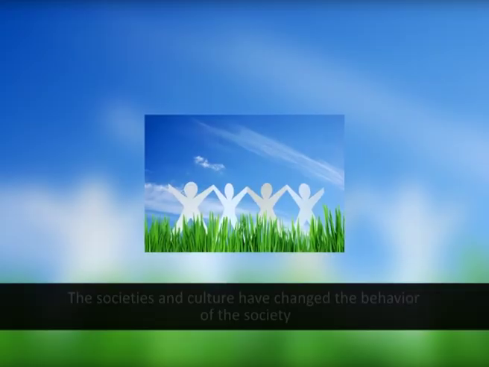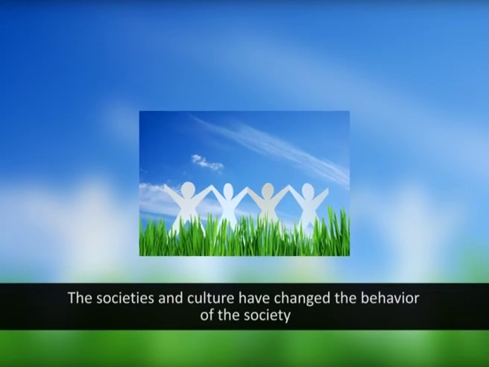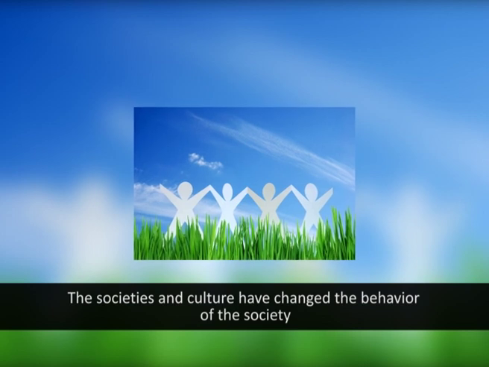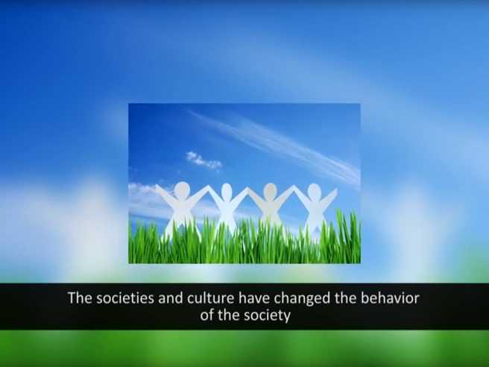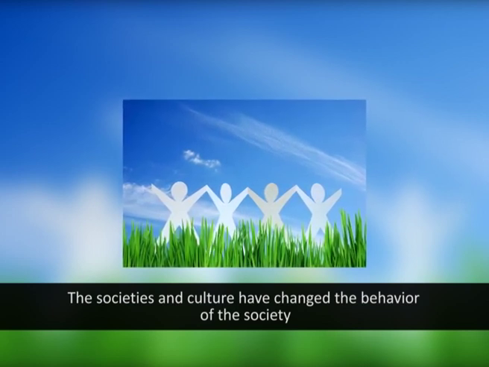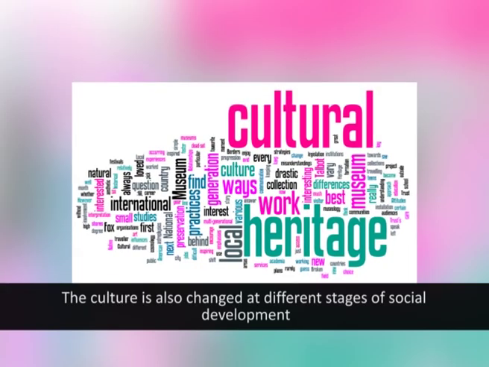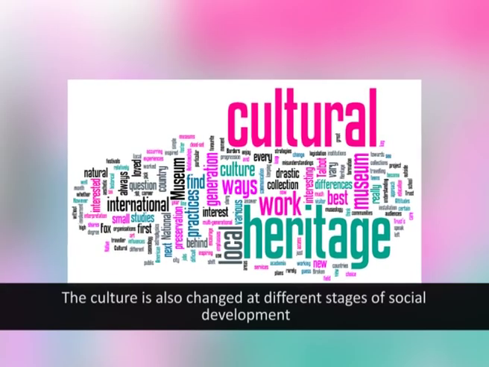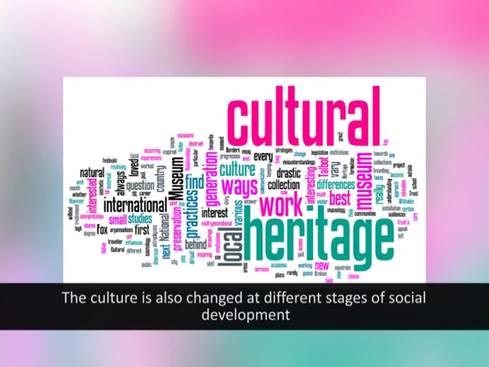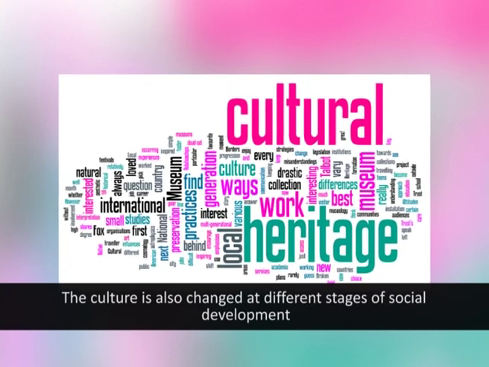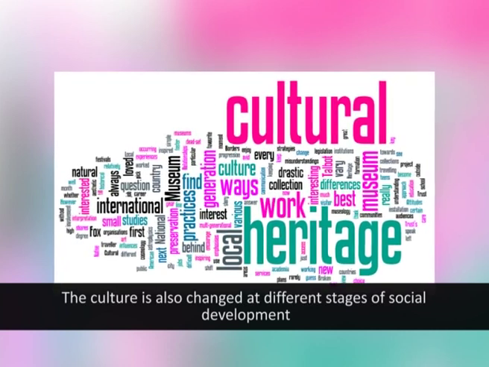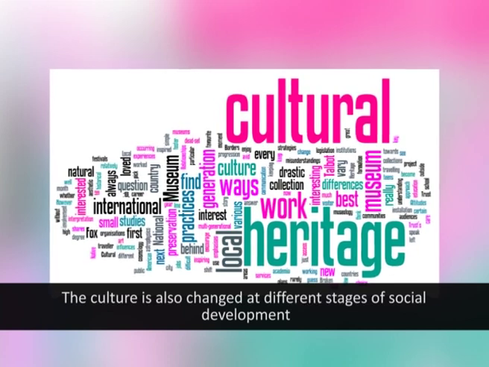The societies and cultures have changed overall and have made a highly unique impact on the behavior of the society. At the different stages of social development, the cultures also changed, and thus all these made a strong and unique impact on the human behavior.